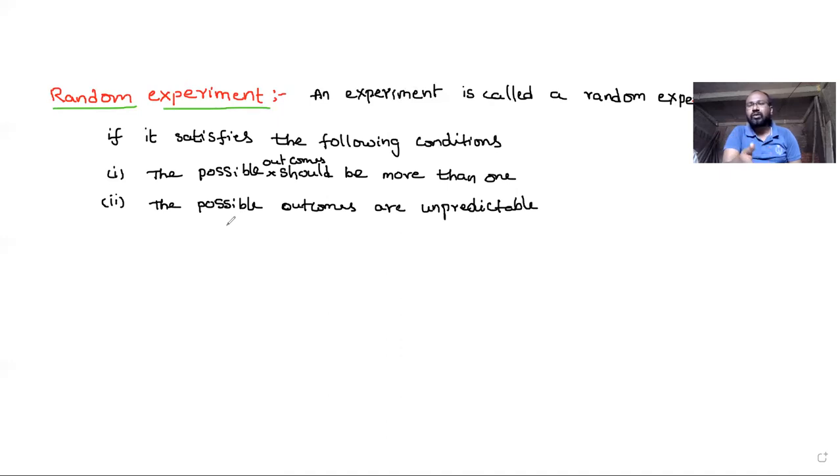We can get either head or tail. That's why that is called a random experiment. So we cannot predict the possible outcome.